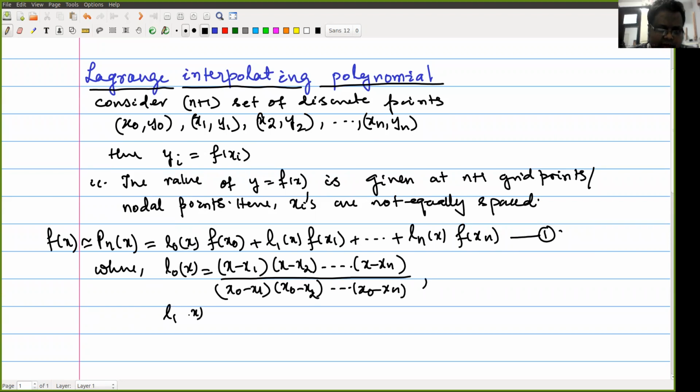Similarly, you can calculate L1(x). In the numerator you don't have the x0 term, so you write x minus x0, x minus x2 up to x minus xn, divided by x1 minus x0, x1 minus x2 up to x1 minus xn.